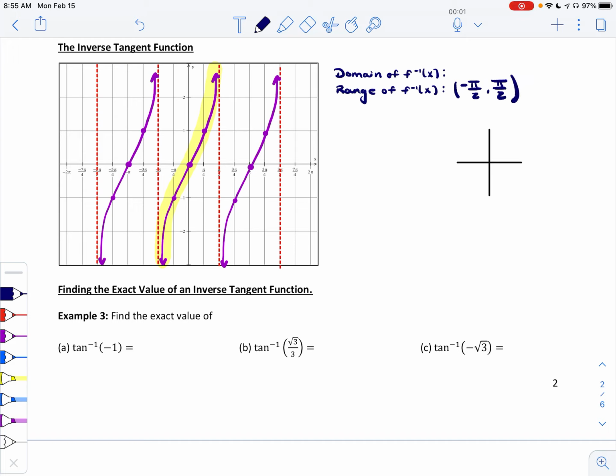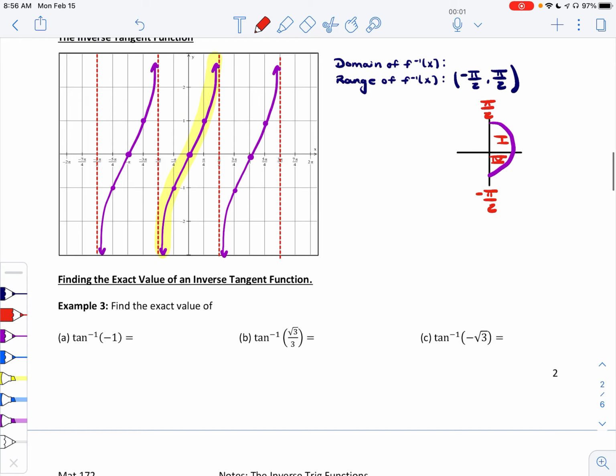So with our inverse tangent then, it's always going to give us an angle between negative pi over 2 and positive pi over 2. So it's going to be an angle in quadrant 1 or 4. That was the same as our inverse sine function. So inverse tangent has the same range restrictions as our inverse sine function.